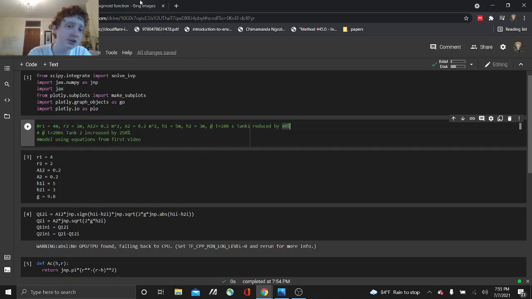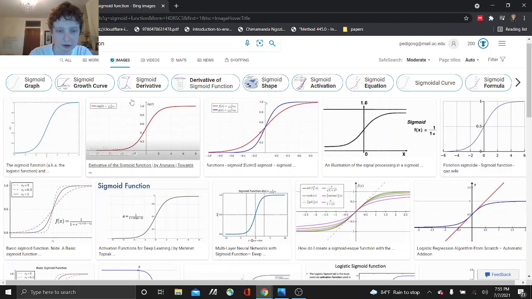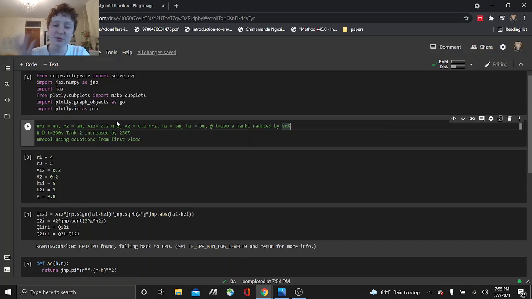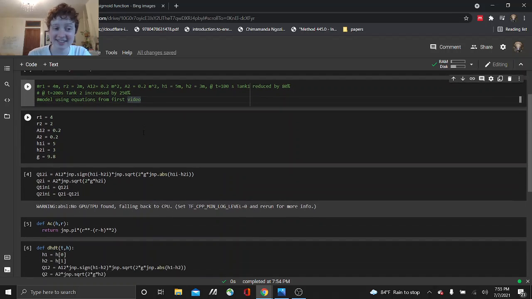And the way that we're going to do that is by using a sigmoid function. And these are pretty useful because it's basically like you're flipping a switch. Okay, well, you saw the basic principle of what the sigmoid function looked like.